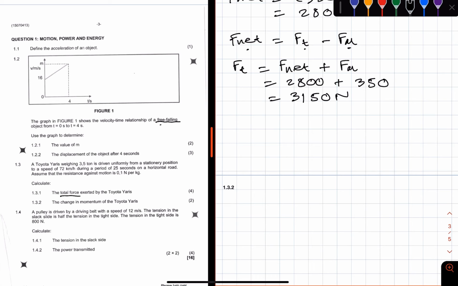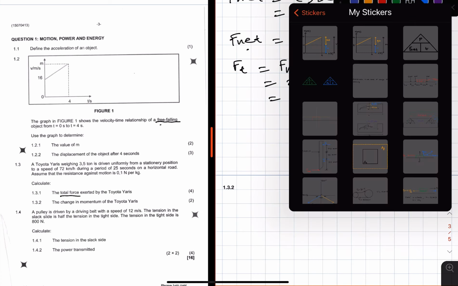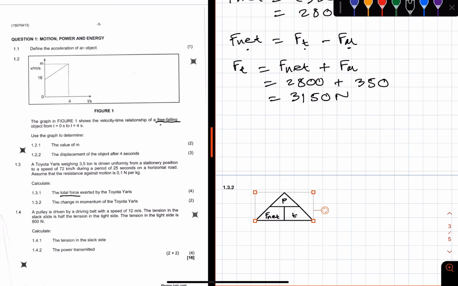Whenever you're looking for the change in momentum, you can always consider this triangle.